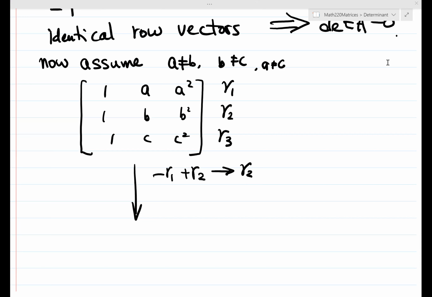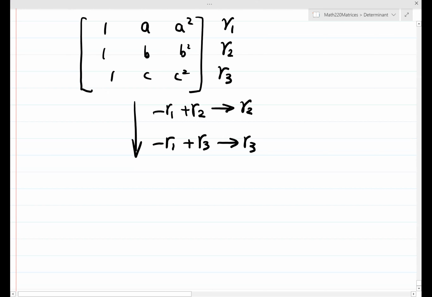And add -1 times row 1 to R3, and replace row 3.